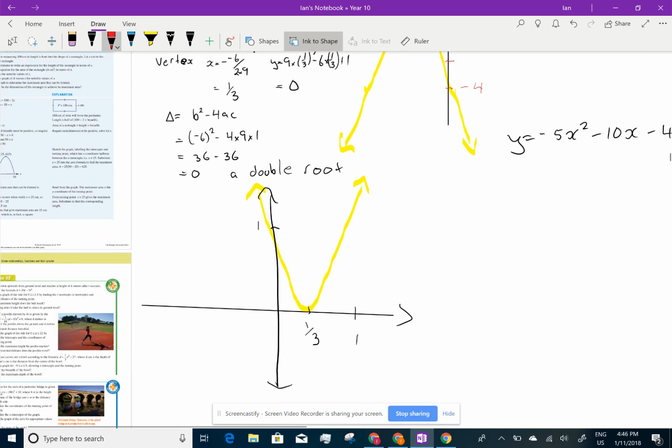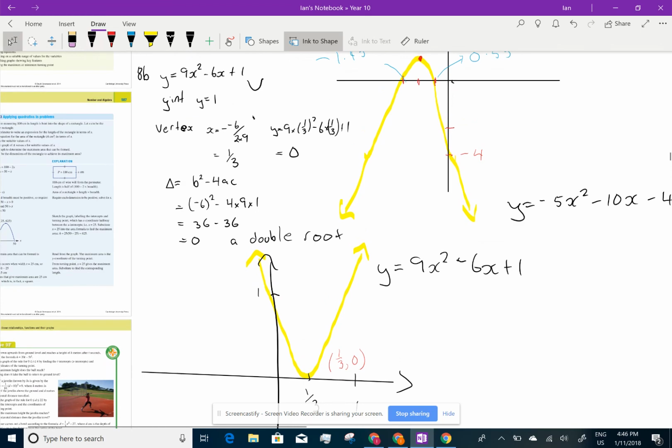I should write the vertex as a third, 0. I've got that y-intercept labelled in there, and I better label it y equals 9x squared minus 6x plus 1. Double check, is that right?